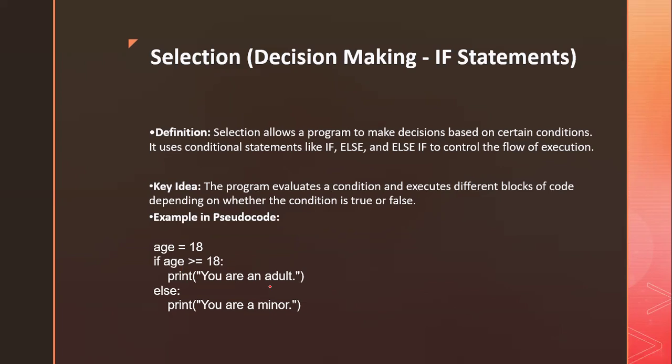Selection is basically decision making, which is if statements and whatnot. The definition here is that selection allows the program to make decisions based on certain conditions. It uses conditional statements like if and else if to control the flow of execution.